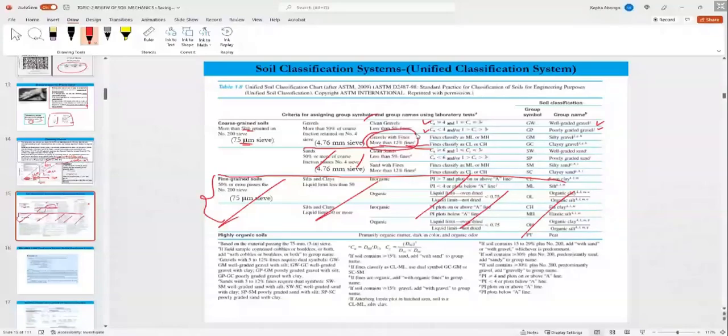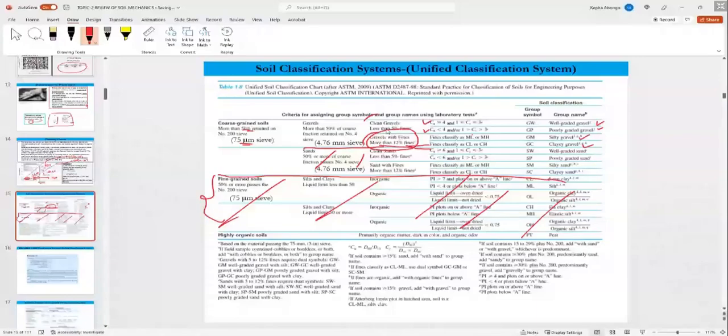And then if it plots above the A line, it is ML; below the line, it is CL or CH. That becomes either silty gravel, or if below, clayey gravel. So both the particle size distribution and Atterberg limits are needed.